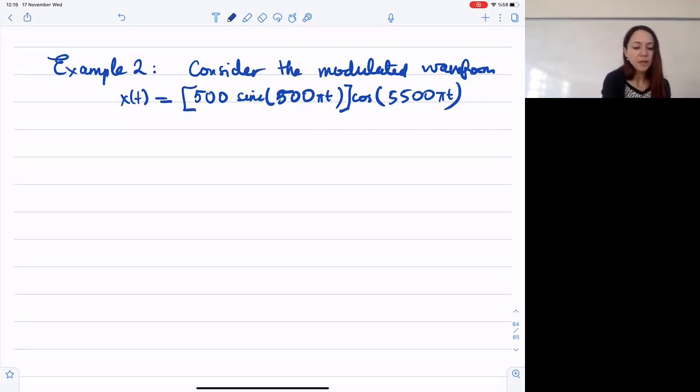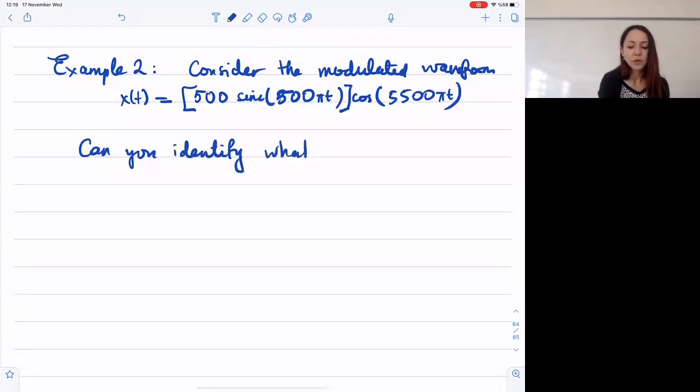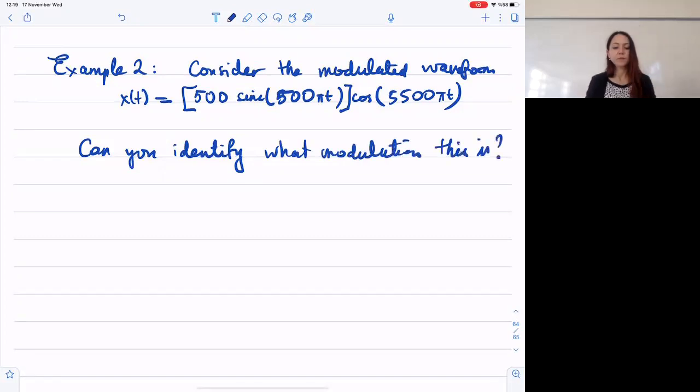Now, can you identify what modulation this is? Maybe take a look at the frequency domain expression.